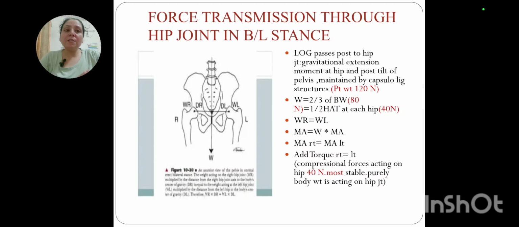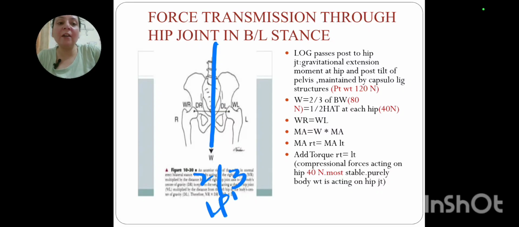Okay? Now if we take a person with a weight of 120 Newton, the body weight acting on the hip is 2/3, that is, head, arm and trunk are said to be 2/3 of the body weight, and the remaining 1/3 is of both our limbs. So this is basically 2/3 of the body weight, that is of head, arm and trunk, which is acting on the body.